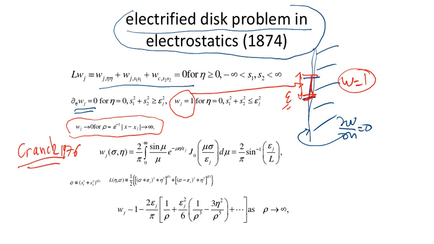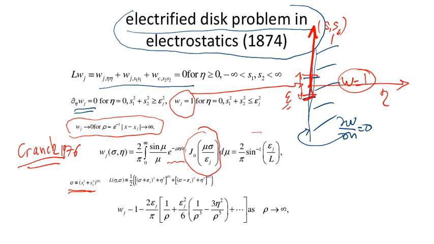integrate from 0 to infinity of sine mu divided by mu, times the exponential of minus mu eta, epsilon j, which is the size of the hole j, multiplied by this Bessel function. And what is sigma? Sigma is the coordinate inside this plane. So this is called S1, S2. And you have eta. Eta is the coordinate perpendicular here.